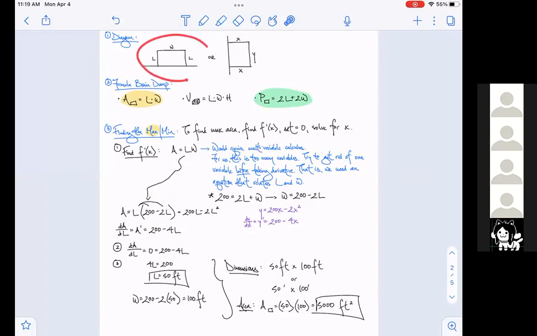Yeah, if your diagram looks like this, you should get the same answers. They might just pop out in a different order. Like you might find the 100 first and then find the 50. Okay. I'm glad you asked that, because I was thinking that too. Can we just find the L first?